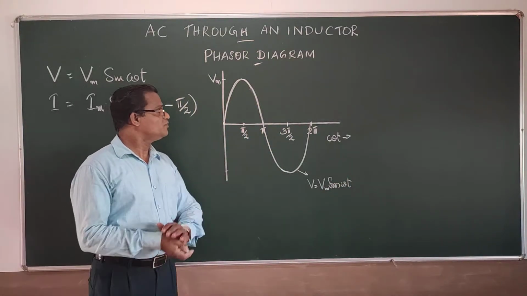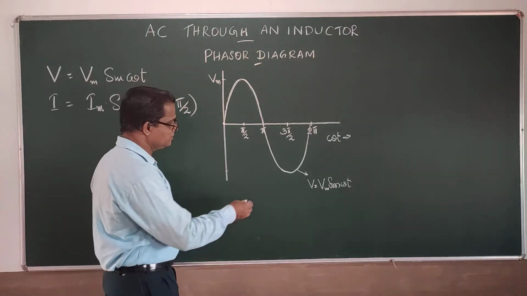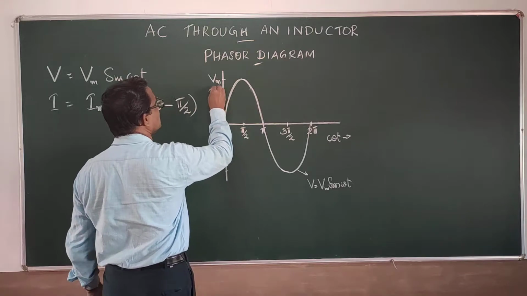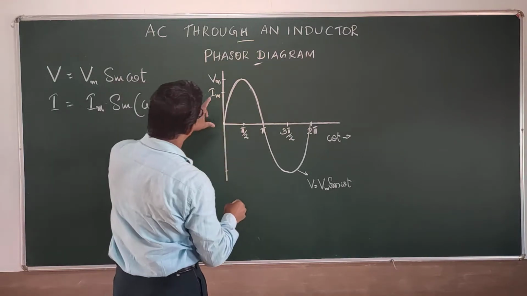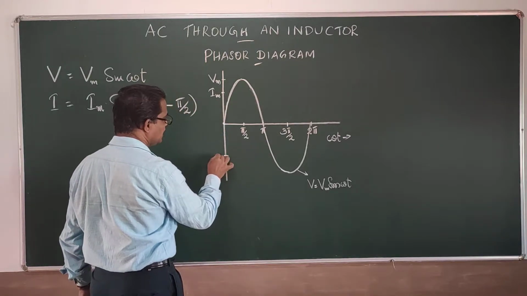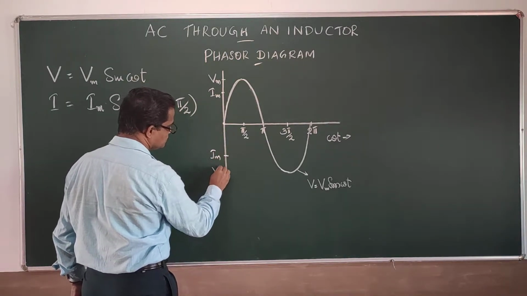Now, to draw the waveform for the instantaneous current, let us assume the peak value is this much, Im. This is Im. This is Vm.